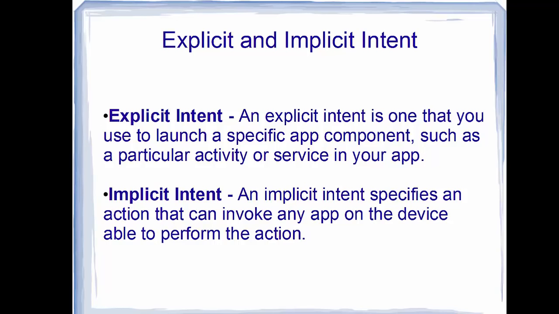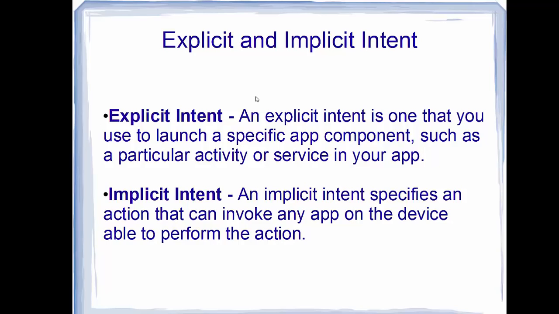An implicit intent specifies an action that can invoke any app on the device able to perform the action. So you use implicit intent whenever you want to invoke some app or some activity from other app in your device from your app.